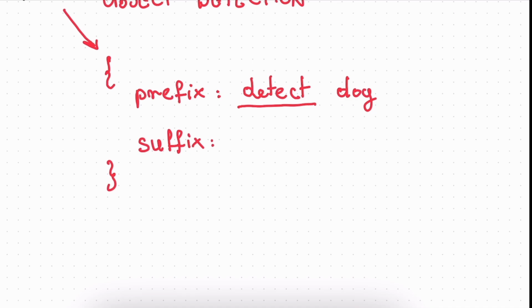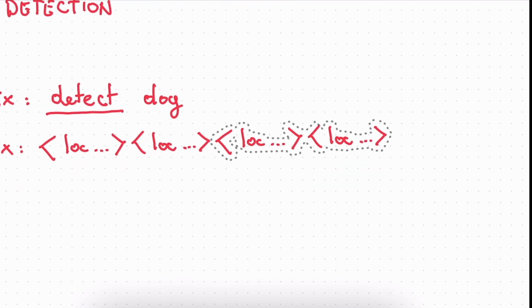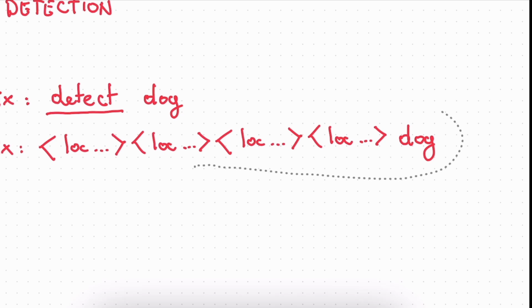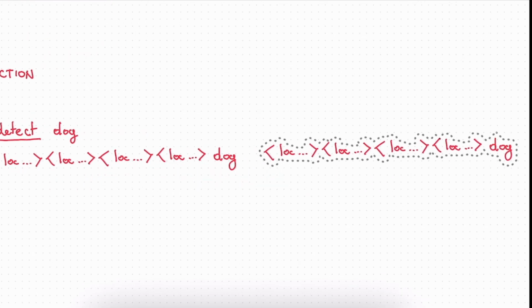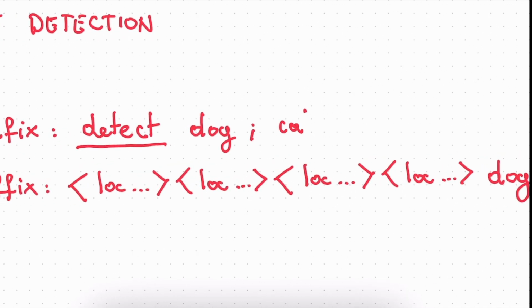The suffix has a specific format: 4 consecutive loc tags followed by the desired class name. If there are multiple objects, another section appears separated by a semicolon. We can also search for multiple classes by listing them in the prefix, once again separated by semicolons.